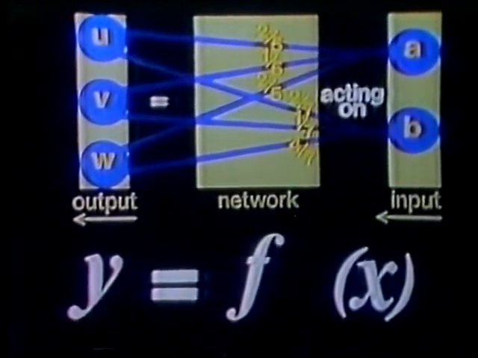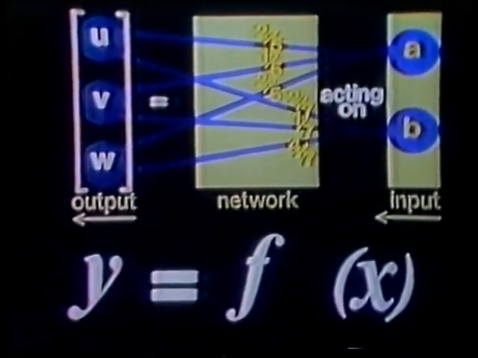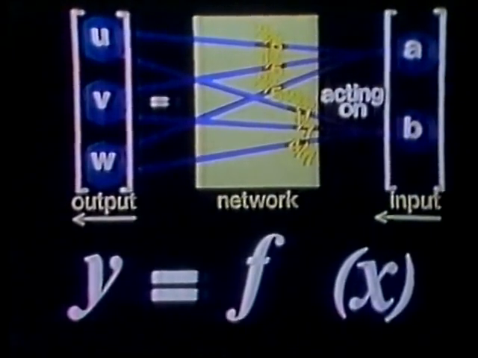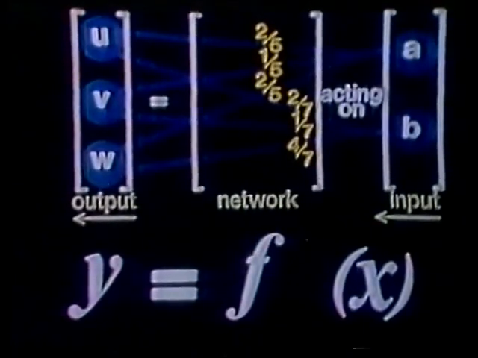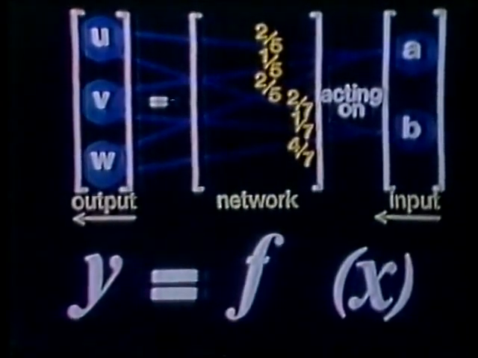We represent the 3 components with 3 matrices. Our output matrix contains the quantities u, v, and w, and our input matrix the quantities a and b. And the matrix for our network will contain the 6 proportions, not just as they are, but rearranged in a rectangular pattern.